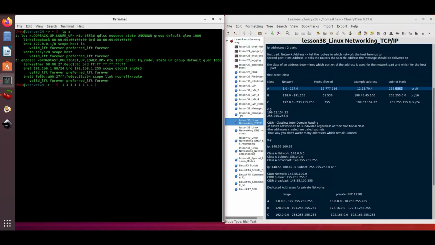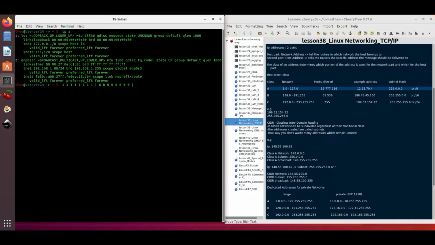If you have 255, then you have 8 bits that are turned to 1. And then if you see the 0, the next octet, the second octet, would be 1, 2, 3, 4, 5, 6, 7, 8 bits that are turned to 0.